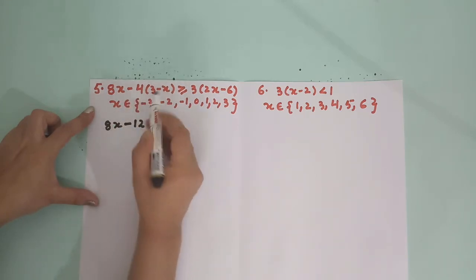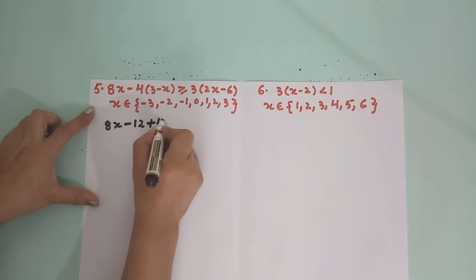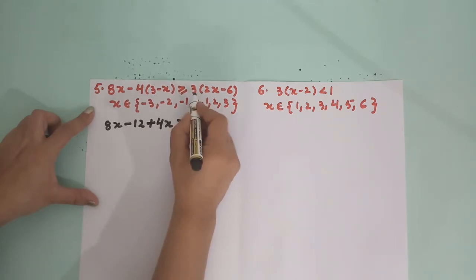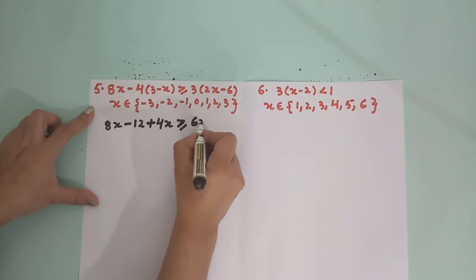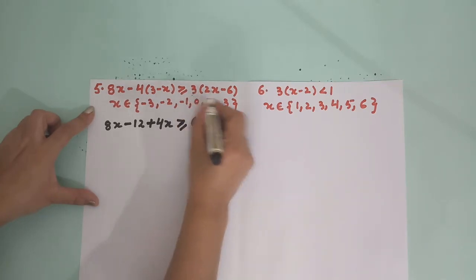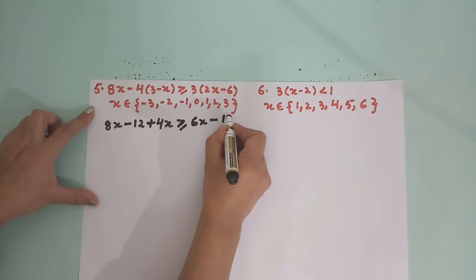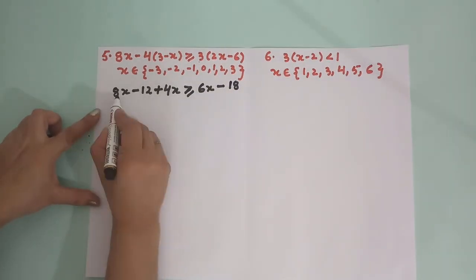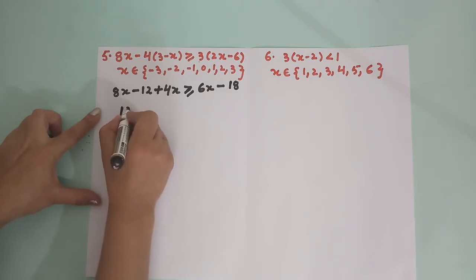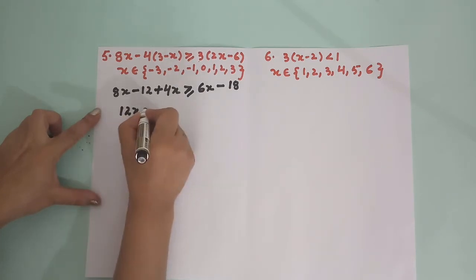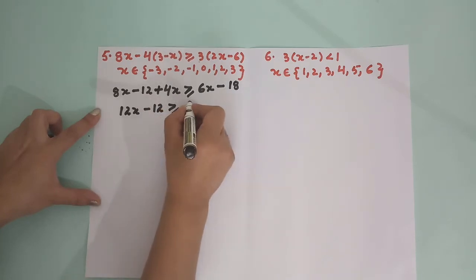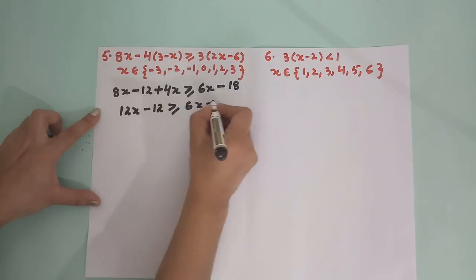Minus 4 into minus x makes it plus 4x, is greater than or equal to 3 2s are 6x minus 3 6s are 18. So 8 plus 4 is 12x minus 12 is greater than or equal to 6x minus 18.